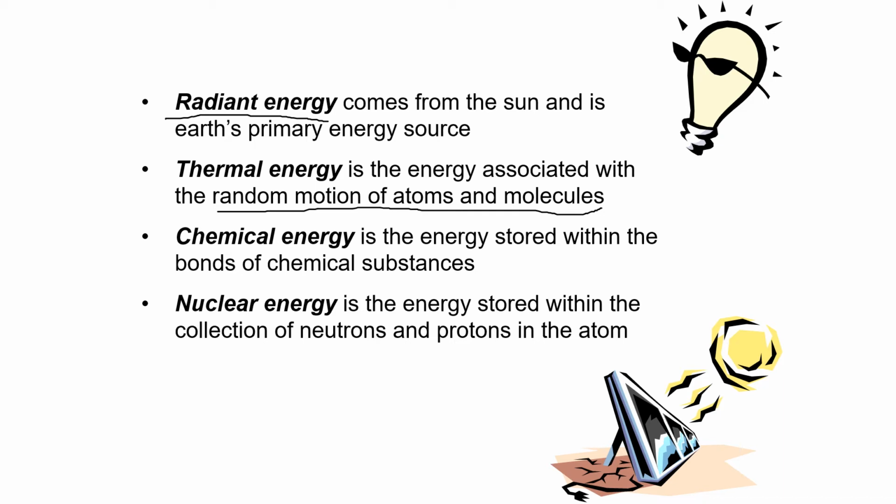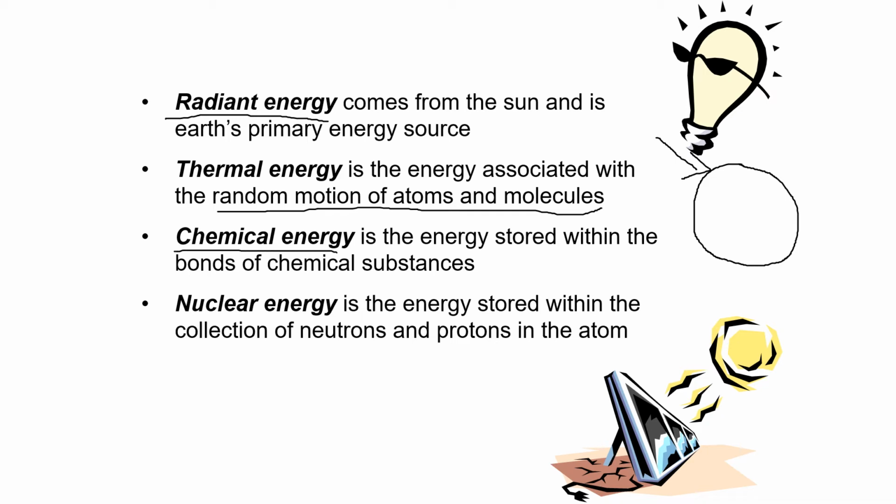If we didn't have that, plants wouldn't be growing, we wouldn't have sources of food. So we're in a dependent cycle where we rely on the energy from the sun to provide and generate processes here on Earth.